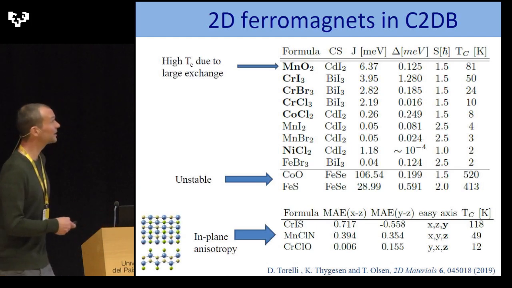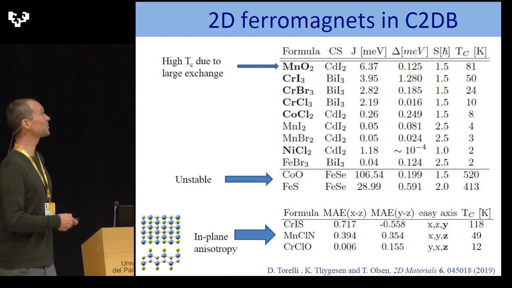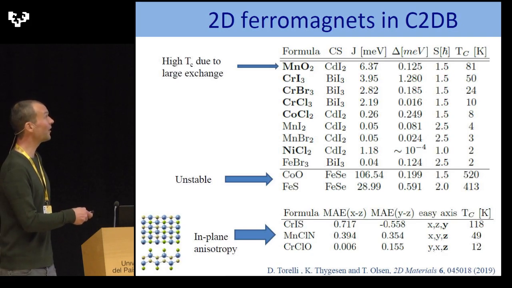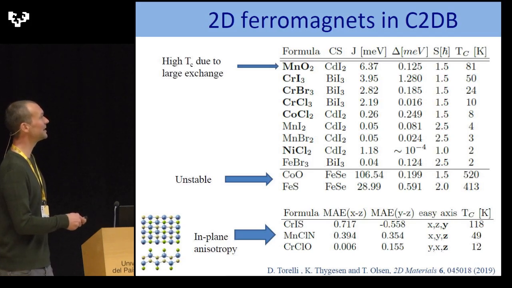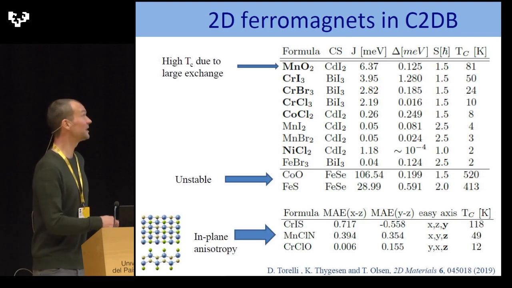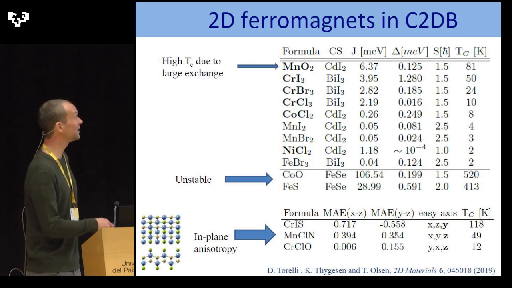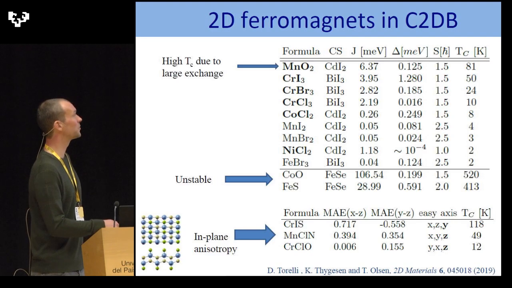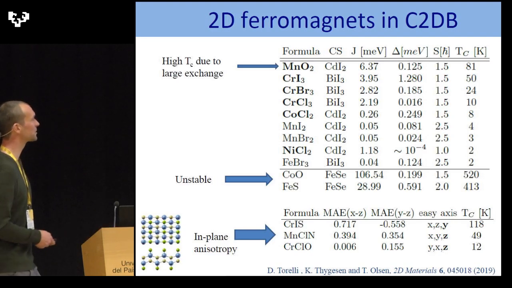A little bit disappointing, I think, because the best ones are the ones that are already known. Actually, these chromium iodide, bromide, and chloride seem to be the best ones. We find one that we predict to have a larger critical temperature, manganese oxide, but that's basically all. And then we find a few other ones with very small critical temperatures.